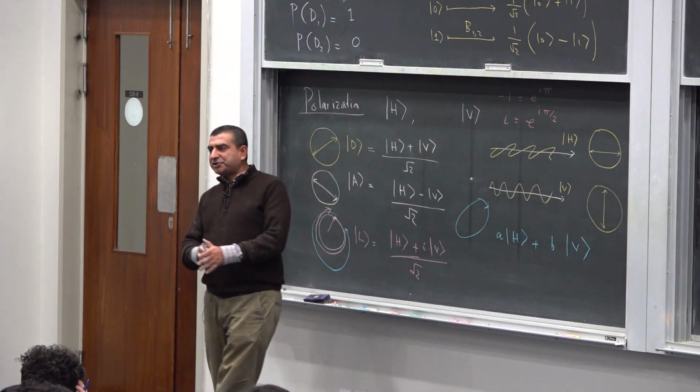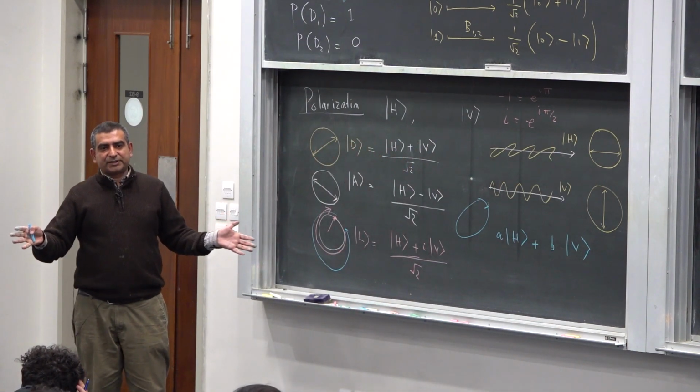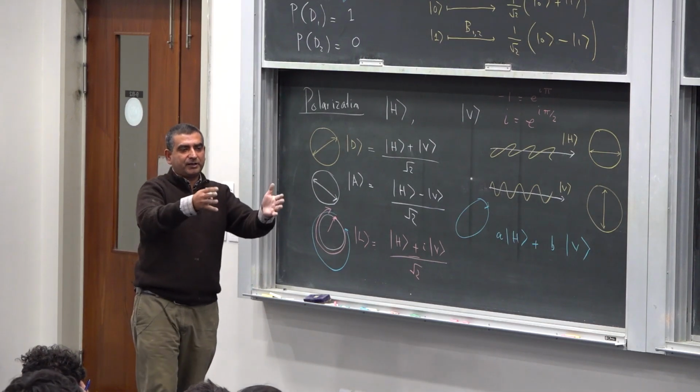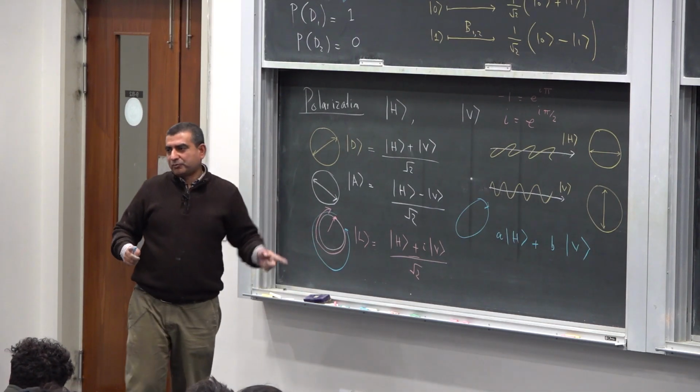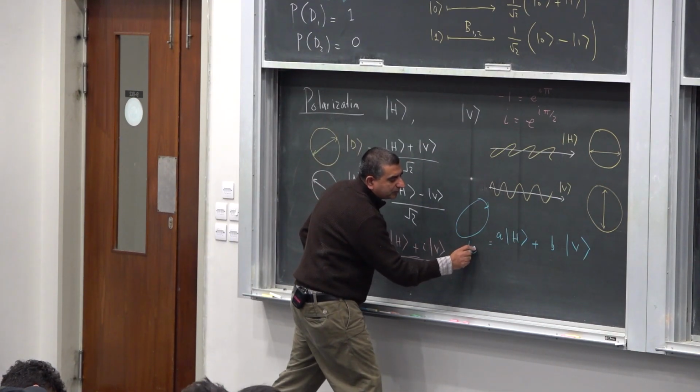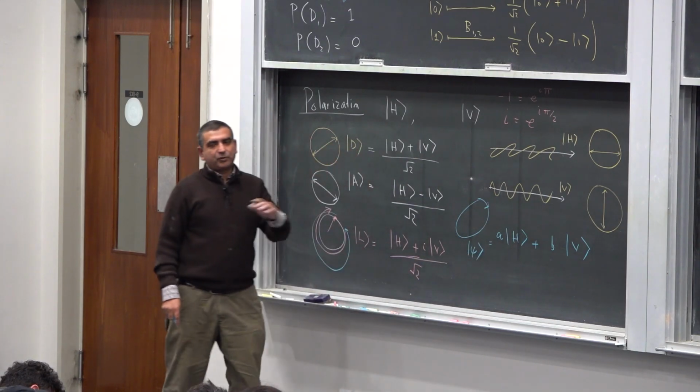This is the entirely general form for the polarization degree of freedom. A and B are complex numbers. We know that if you add their modulus squares, it must be equal to 1. So this is the general state of polarization of a photon.